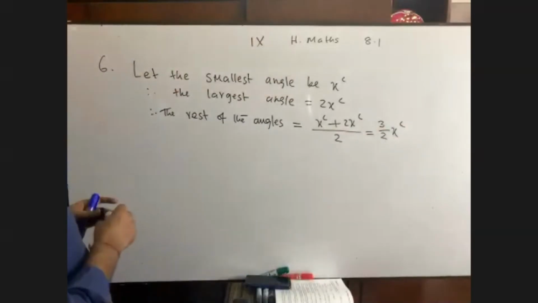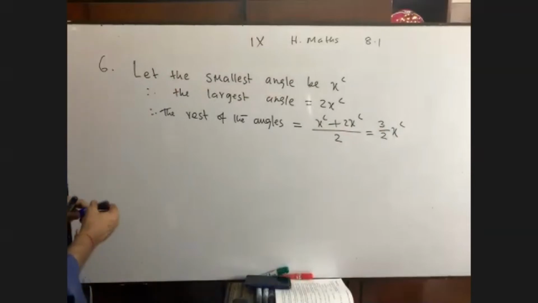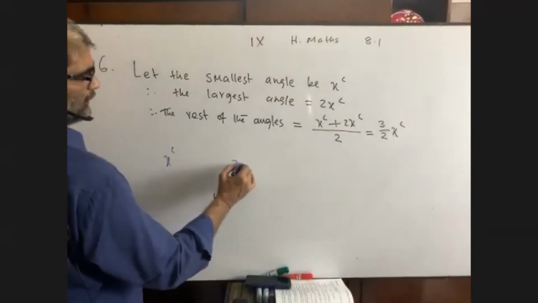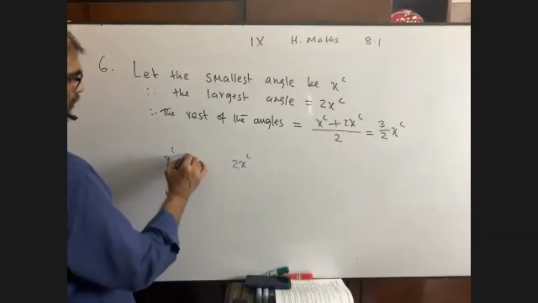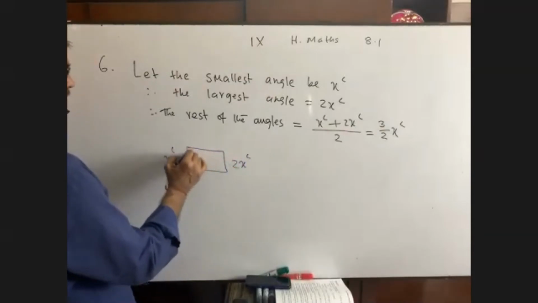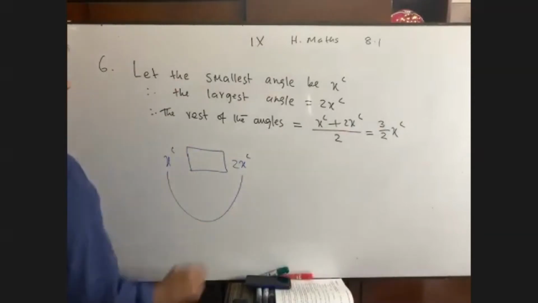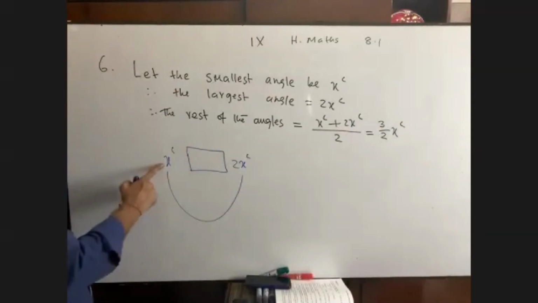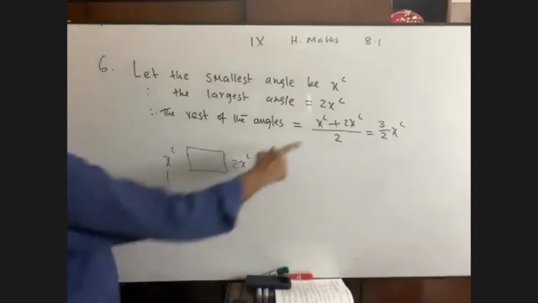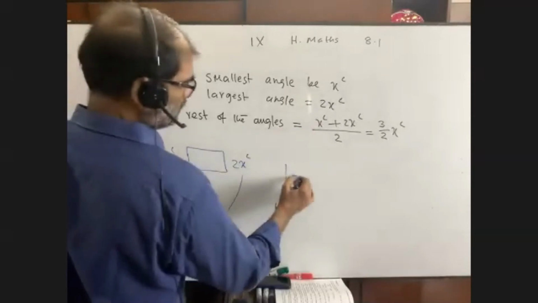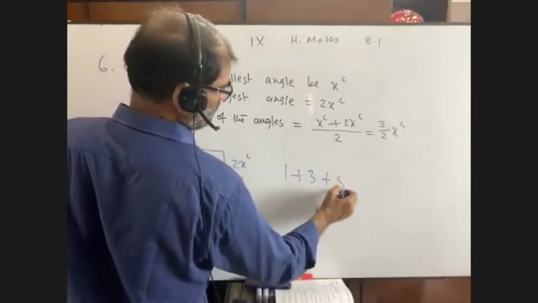Okay, now you cannot understand. It is x radian. It is 2x radian. How can we find this? As it is in arithmetic progression, we can find this one by the average, that is this plus this by 2. I told you, can you remember the example? 1 plus 3 plus 5.